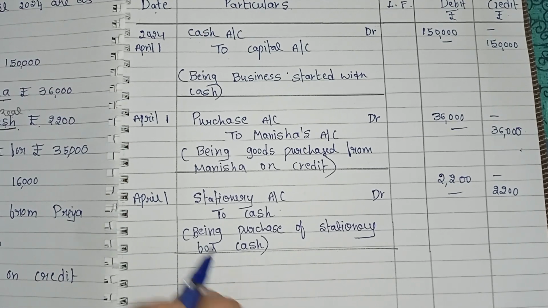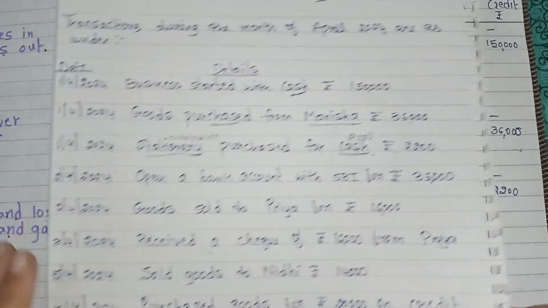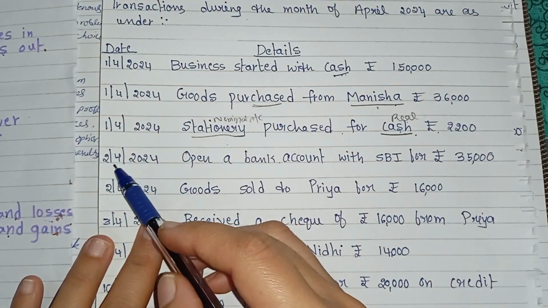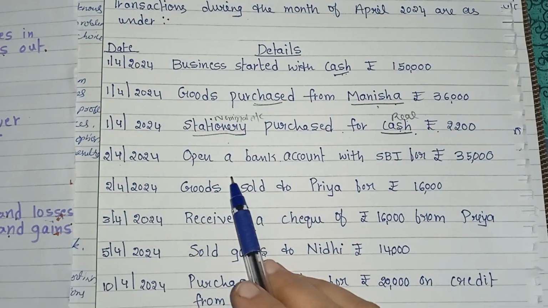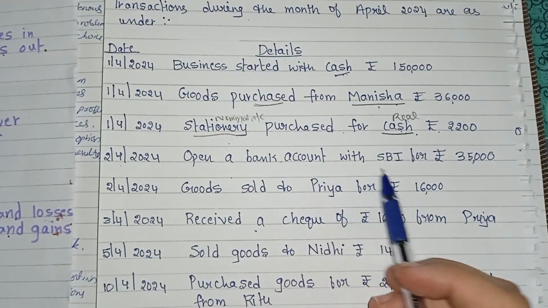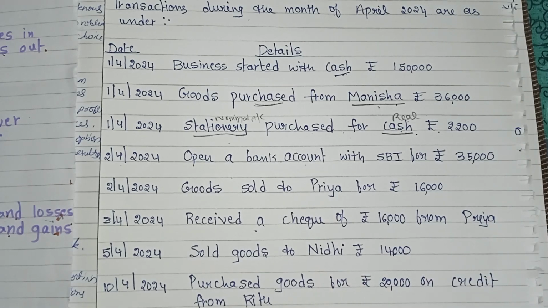Now next transaction. On 2nd April, open a bank account with SBI for rupees 35,000.